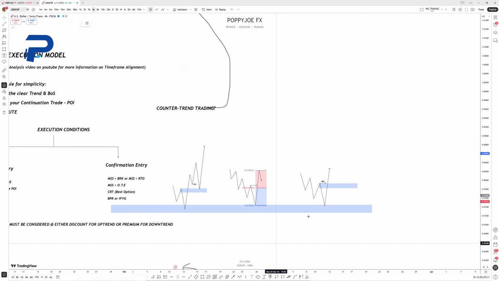If price hits a POI, point of interest, for you to use the breaker, you must have an inducement above it. That means price must create something like this above it. For me to use a breaker block as my entry, this must be the thing that forms there.